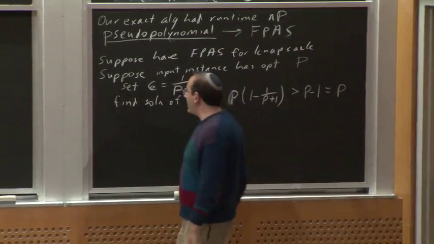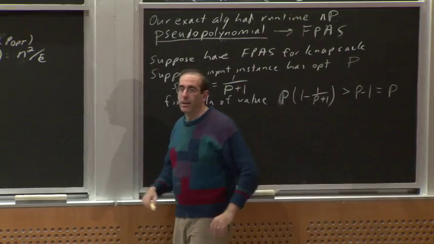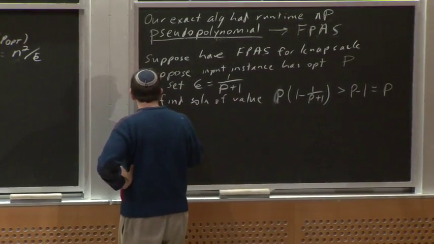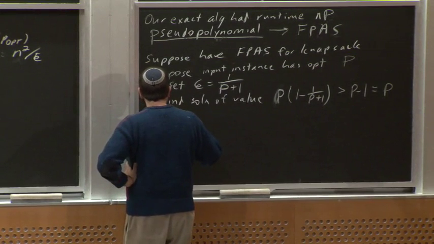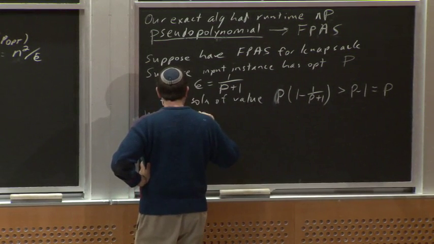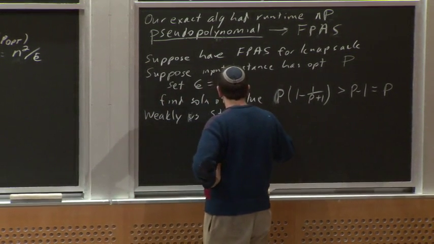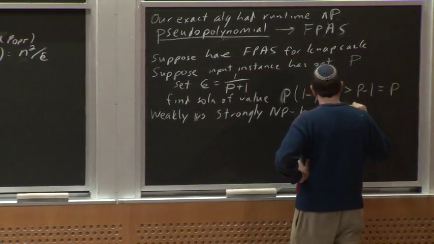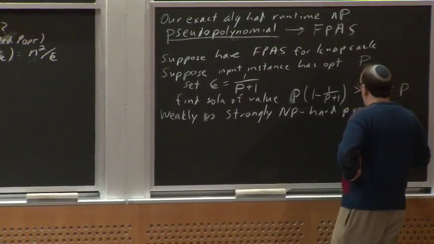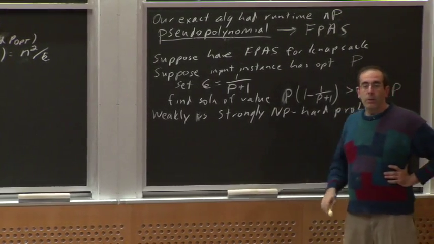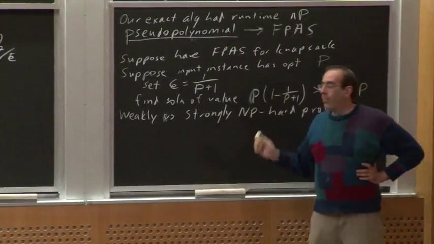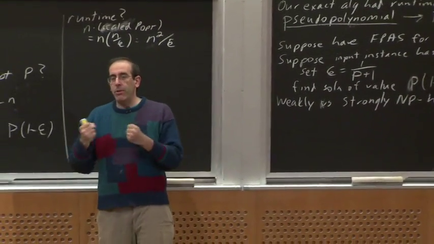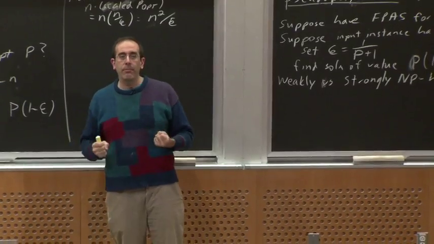And so from the complexity side of computer science, there's this notion of weakly versus strongly NP-hard problems. We know what NP-hard means, but we can refine this definition by talking about the numbers that are involved in the input to the problem.